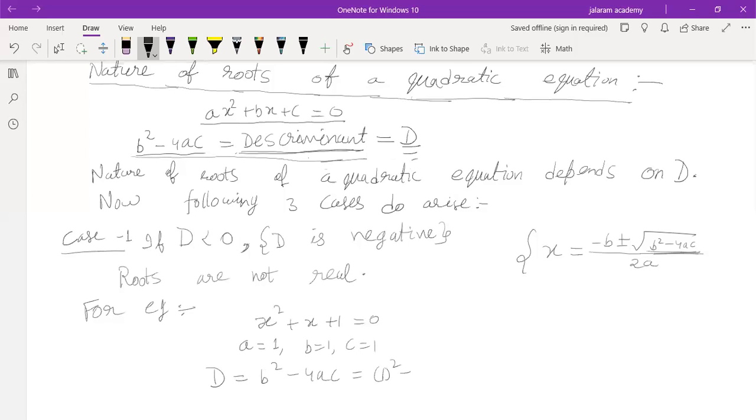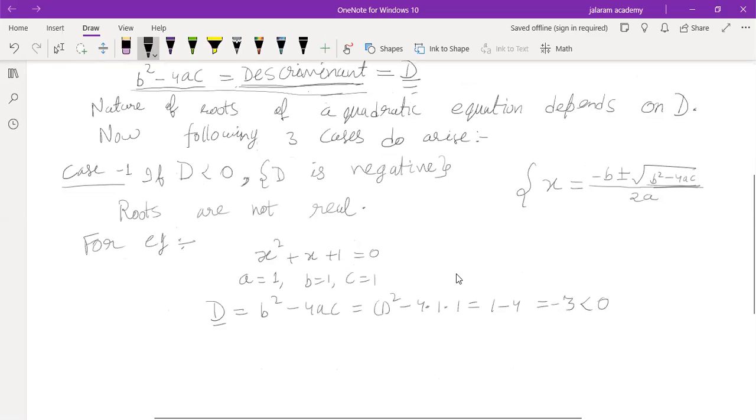Value of b is 1, so 1 square minus 4 into a into c, that is 1 minus 4 equals to minus 3. It means that this discriminant is less than 0. So we write the conclusion: no real roots exist. Is that clear to everyone? So write it in your notebook.